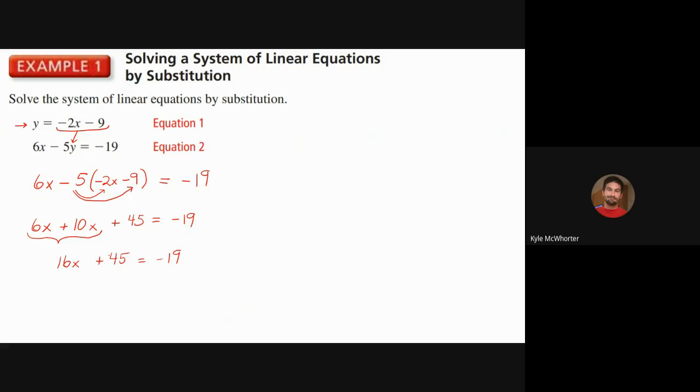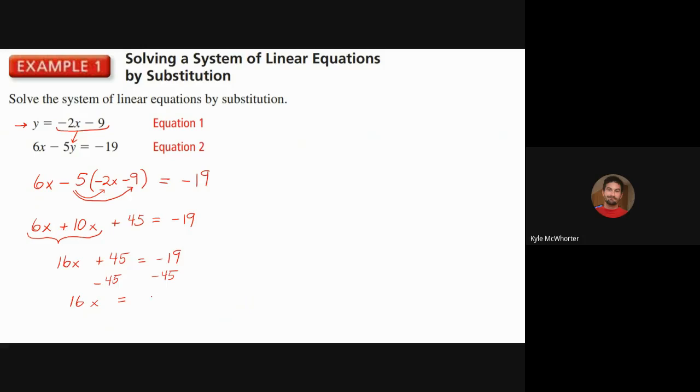And now we need to get x by itself, so subtract 45 from both sides. They cancel there, and then negative 19 minus 45. It's going to be negative, and you can just add the 19 plus 45.